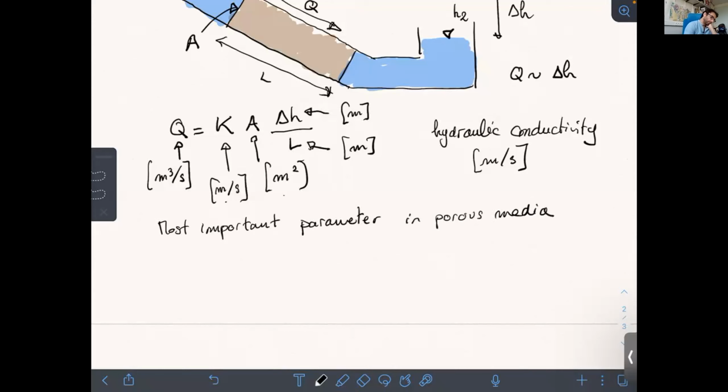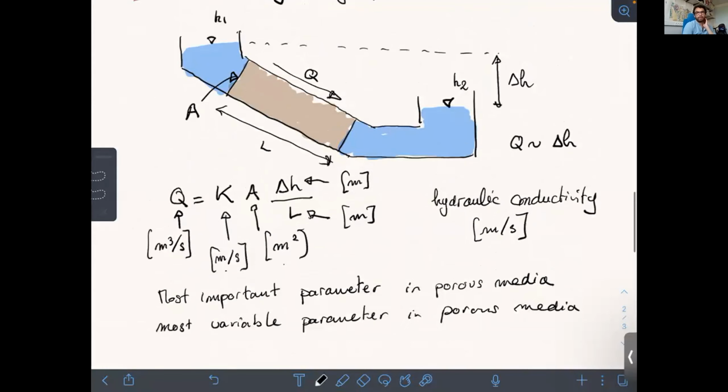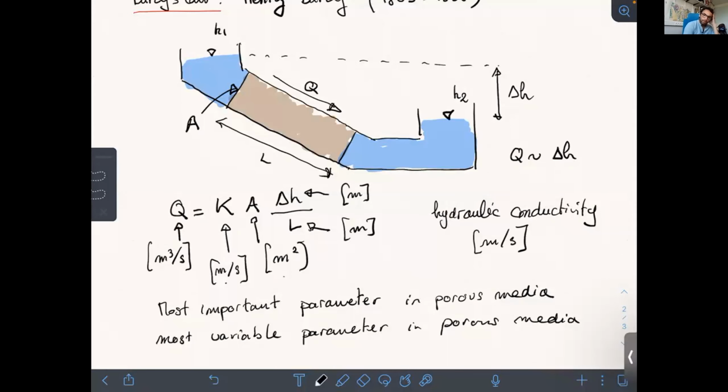And it is also the most variable parameter in porous media. So it's extremely variable. We will see that. And that is often a major cause of difficulty to manage these subsurface systems.